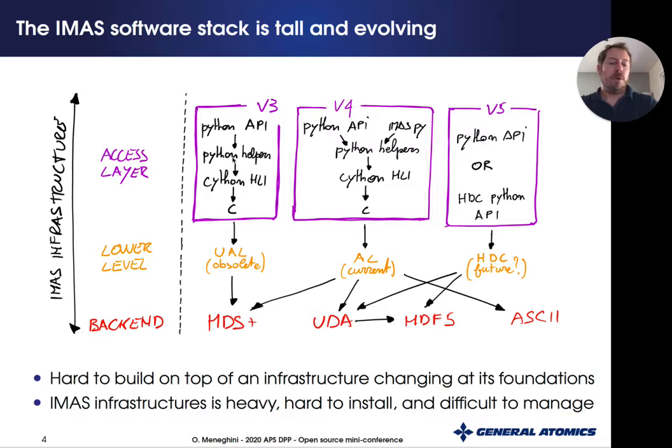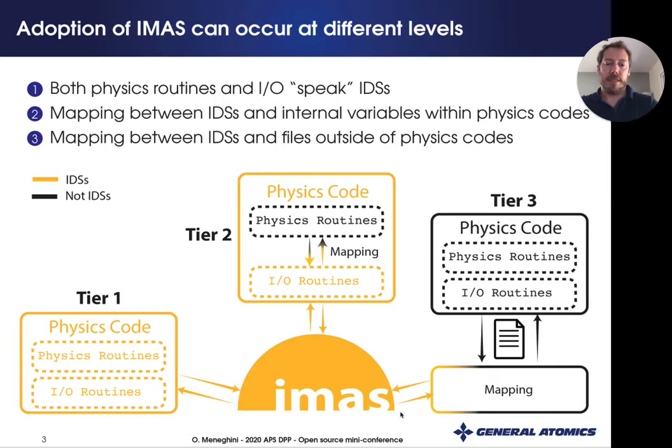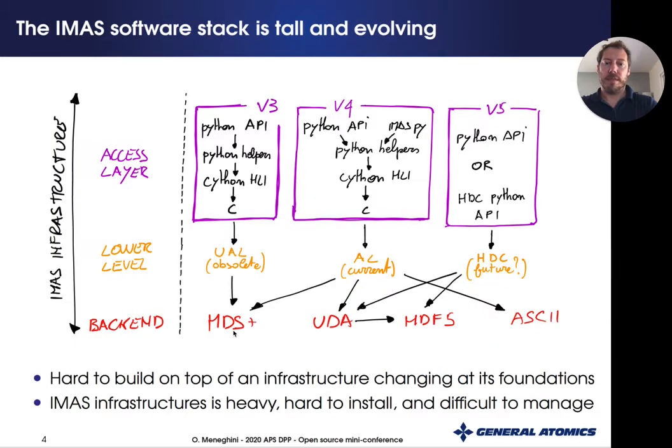So what's actually inside this Hall of the Rising Sun? Let's see what's inside of IMAS. Well, the IMAS software stack is tall and evolving. It can be fundamentally divided into three big layers. There is the access layer, the lower level, and the backend. The access layer depends on the language that you're looking at.